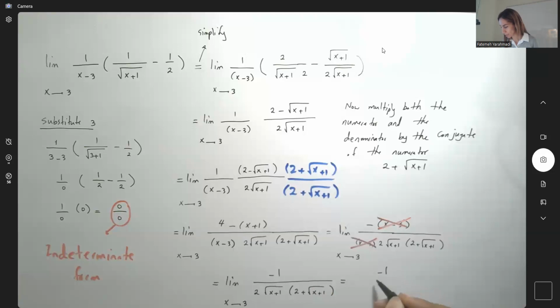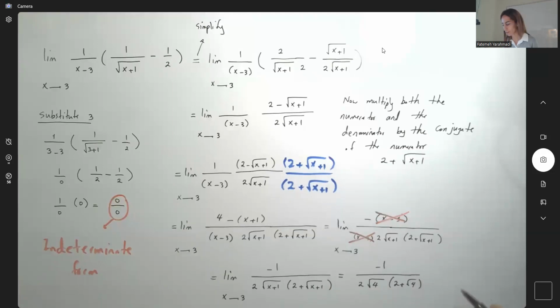So this guy becomes negative 1 divided by 2 times square root of 4, 2 plus square root of 4. Well, the rest is just pure algebra. Let me move this up a little bit. Negative 1 divided by 2 times 2, and here you have 2 plus 2, which is 4, or negative 1 divided by 16. So the limit here is equal to negative 1 divided by 16.